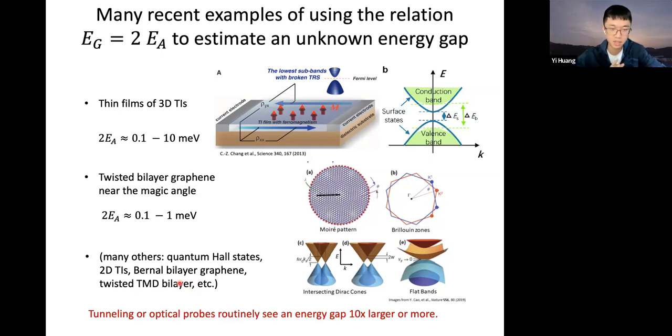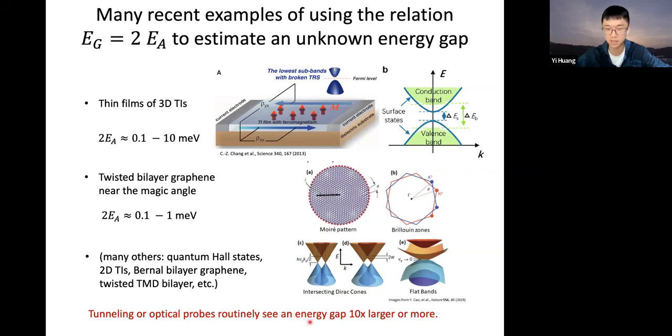And the problem is those activation energies you estimated or calculated using transport experiments are often much smaller than those from other experimental methods, like STM tunneling experiments or optical experiments.